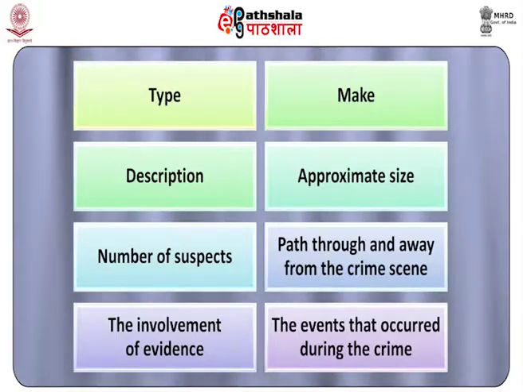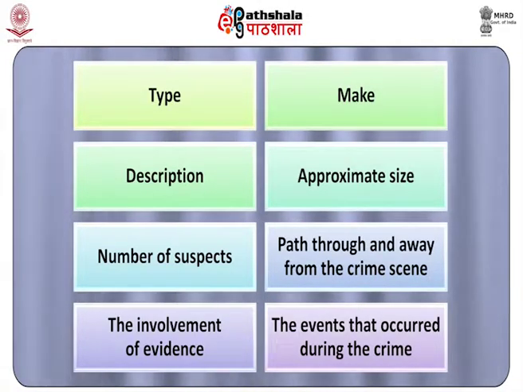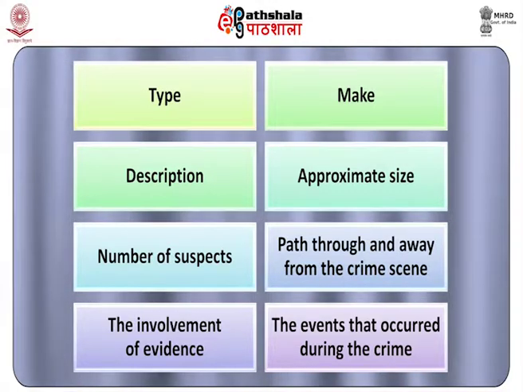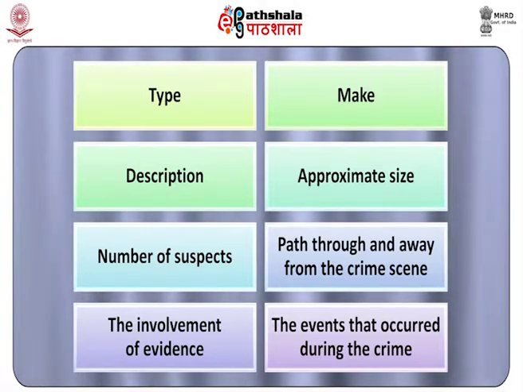When properly collected and preserved, these shoe prints can provide the type, make, description, approximate size, number of suspects, path through and away from the crime scene, the involvement of evidence, and the events that occurred during the crime. Consequently, the importance of shoe impression evidence should not be underestimated.